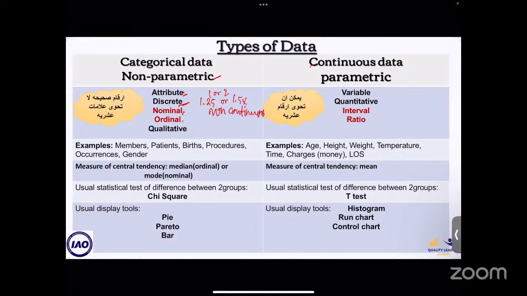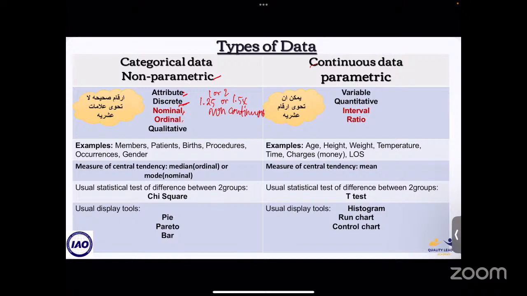What about nominal? This is data that represents categories without any inherent order. For example, gender: we only have two genders, male and female. What about blood type? We have type A, type B, type O, and type AB. Clear?